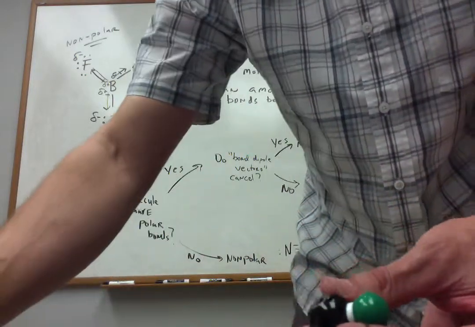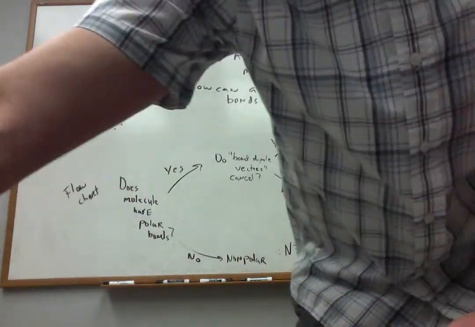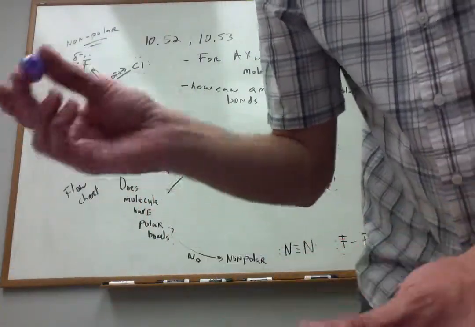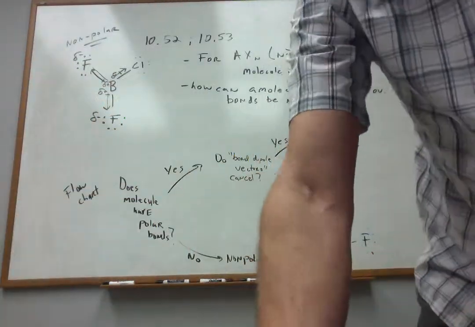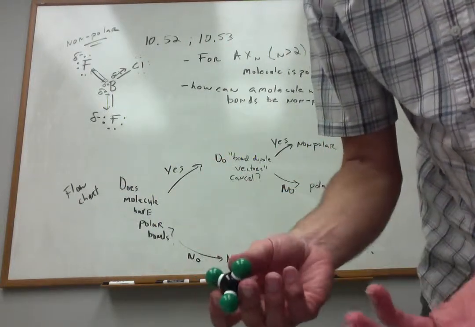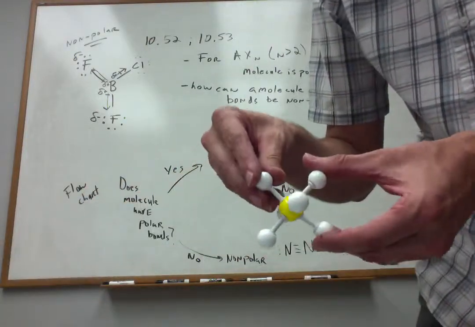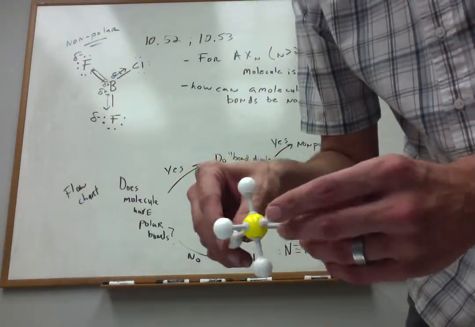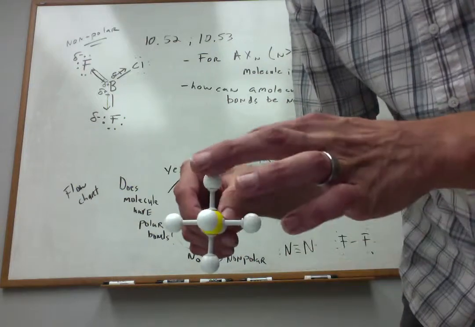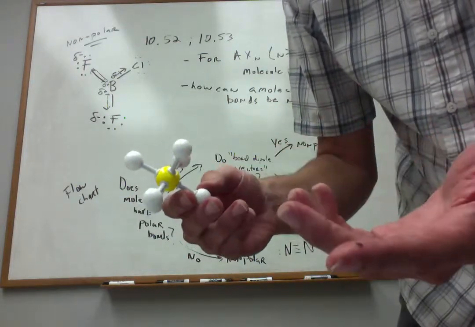But as soon as you change it and make something different, and maybe you can make a lone pair here. Maybe you don't need the iodine that was there before. Maybe this is just something else, a lone pair. As soon as you break the equal tug of war, the molecule becomes polar, essentially. If I want to think about my square bipyramidal geometry, if all six are the same, nonpolar.